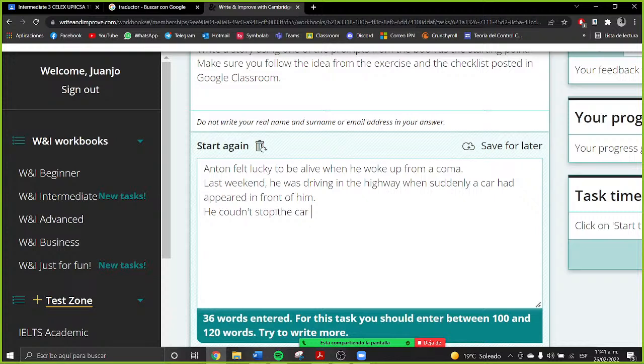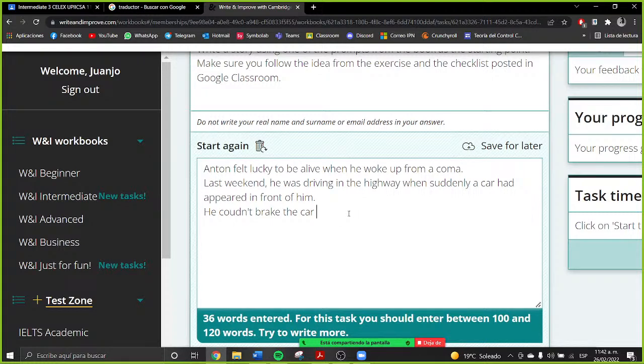Brake es como decir que frenó, el conductor frenó, pero no se dice stop, sino se dice brake. Es como break, pero quítale la E de ahí y pónsela después de la K. Brake. Exacto. Okay, sorry. He couldn't brake the car.